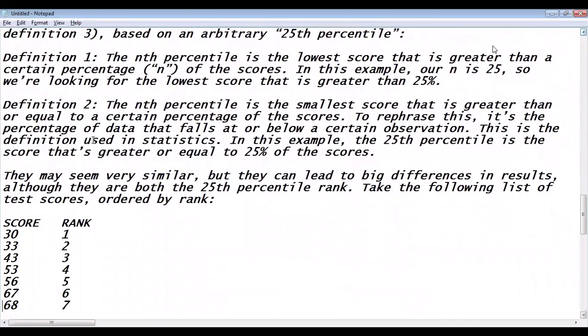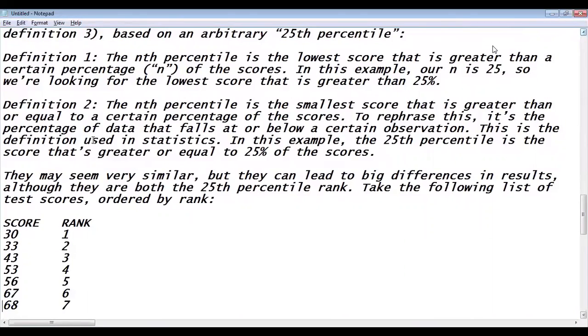So the score and the rank you can see there. The scores given are 30, 33, 43, 53, 60, 56, 67 and 68. The ranks are 1, 2, 3, 4, 5, 6, 7. So this is the table which is ordered in ascending order.